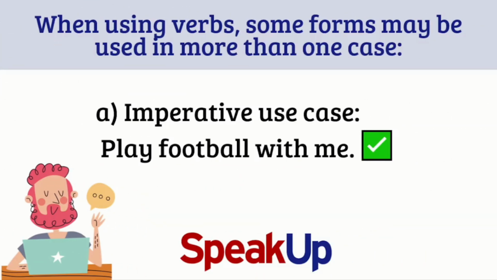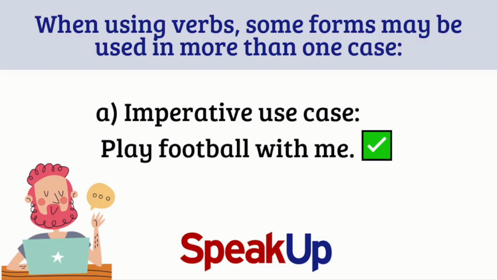When using verbs, some forms may be used in more than one case. Look at the example A, imperative use case. When it begins a sentence such as, play football with me, this makes a complete meaning of its own.